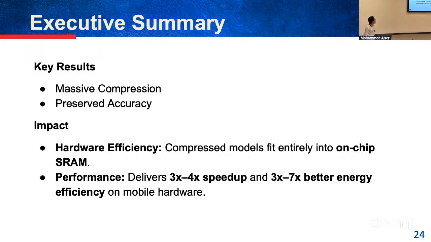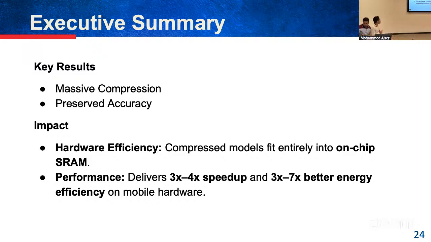After they conducted their experiments, they were able to achieve massive compression with no loss of accuracy. In the end, the compressed model was able to fit into the on-chip SRAM instead of the power-hungry DRAM, because on mobile processors we can only fit the model on the on-chip SRAM.